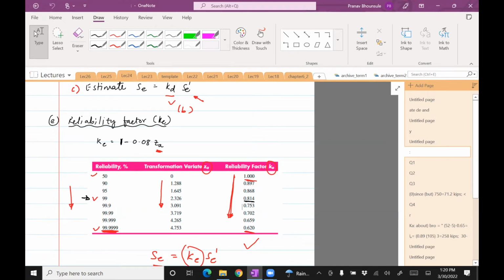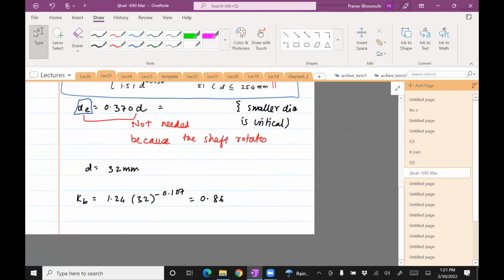So KC, KD, and KE are all 1. KD is 1 because there's no temperature effect. So assume room temperature. Okay, so we've computed all these factors.